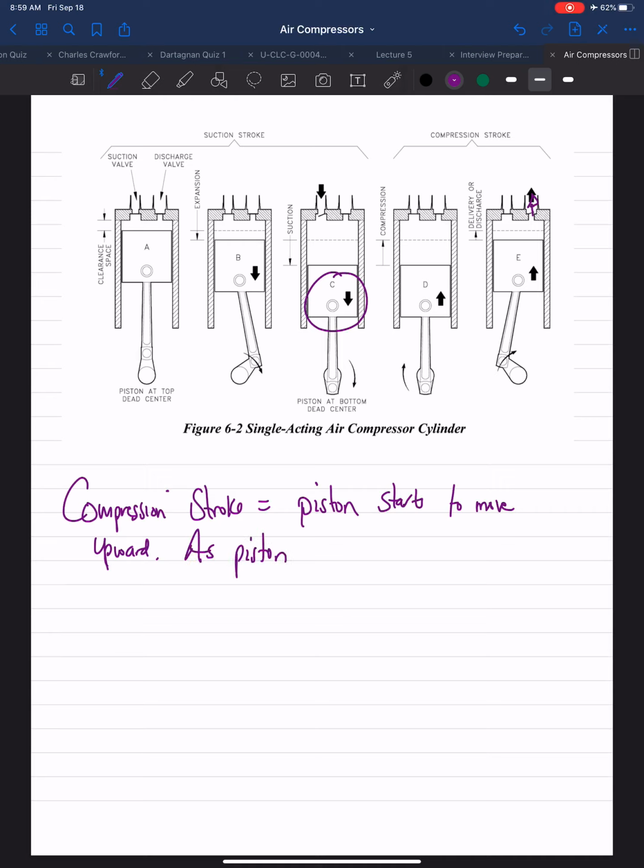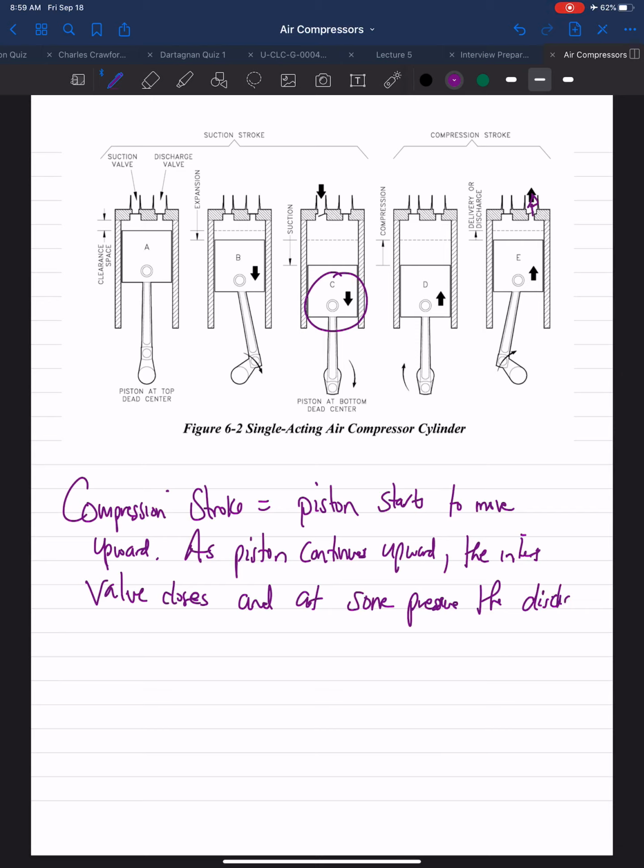So as the piston continues upward, the inlet valve closes, and at some pressure, the discharge valve opens, which allows compressed air to be delivered.